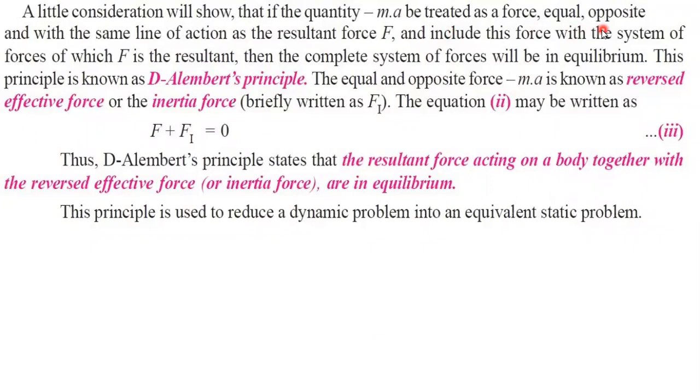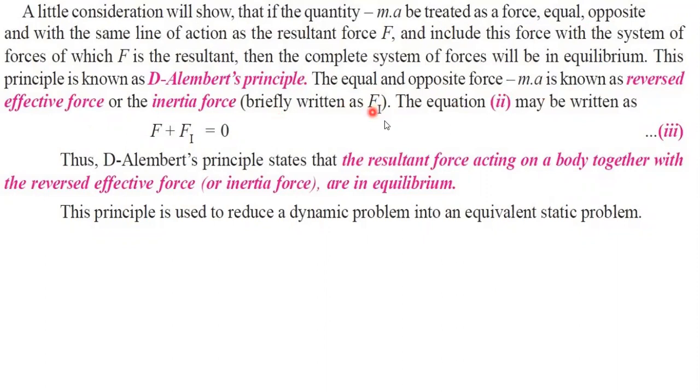That is, it acts in the opposite direction to the accelerating force, with the same line of action as the resultant force. This minus ma, which is an equal and opposite force, is called the inertia force or reversed effective force, and it can be written as F suffix capital I.